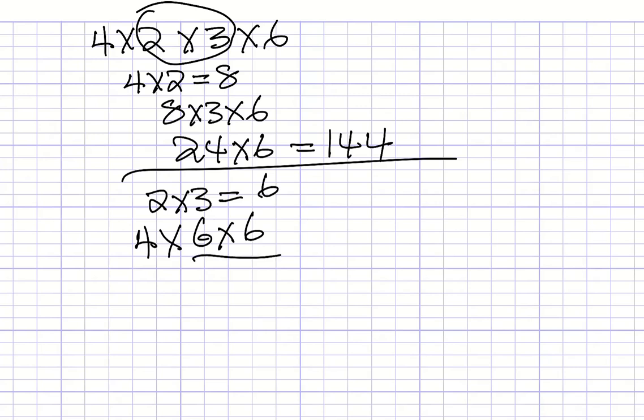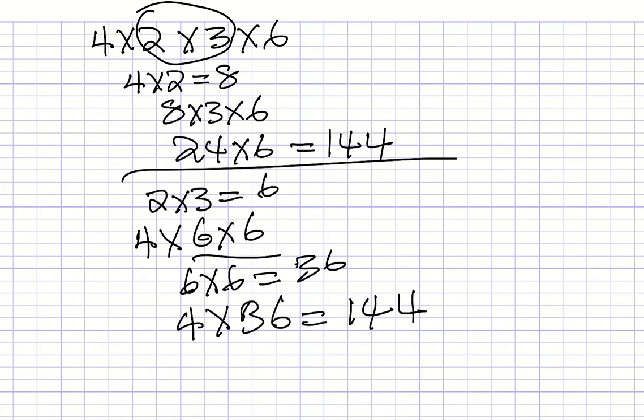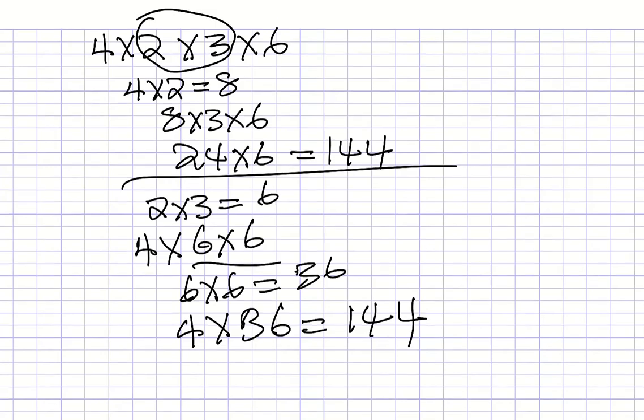And then you can do this first. You can say 6 times 6 is what? It's 36. And then you write the problem as 4 times 36. And then you get 144. So when you do multiplication alone, order doesn't matter. You just do whatever. You start from anywhere. But check this out though.